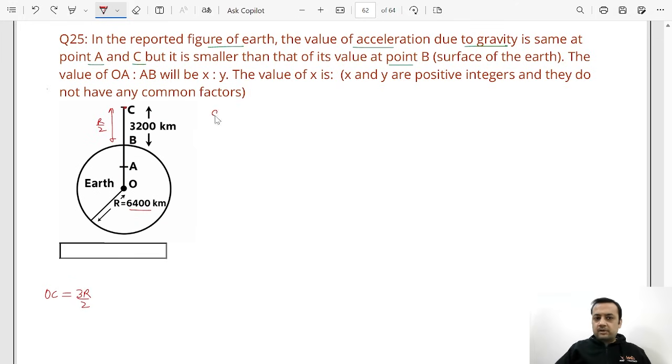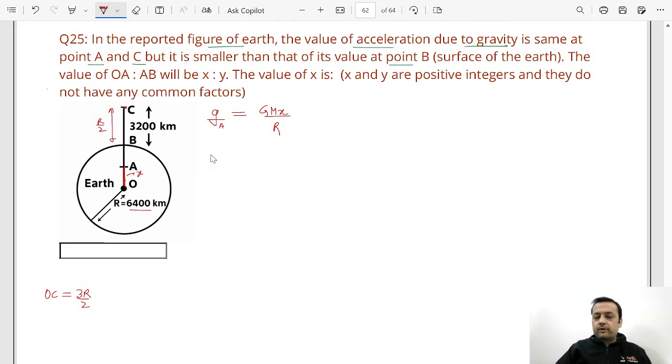Now you should recall that the gravitational field, which is nothing but gravity, inside the earth's surface will be given as GMx upon r cube, where x is the distance from the center. I am calling this distance x.